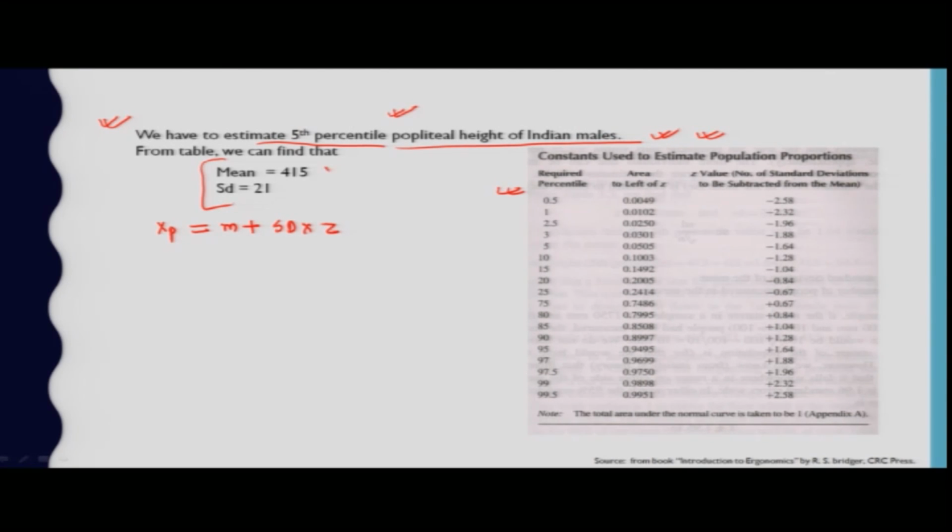So, mean is 415, standard deviation is 21, and corresponding to the pth percentile, the value of the z score is what?